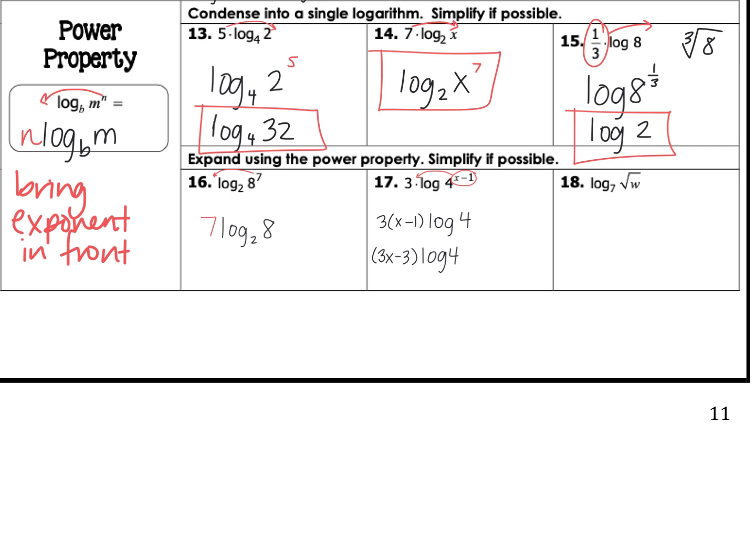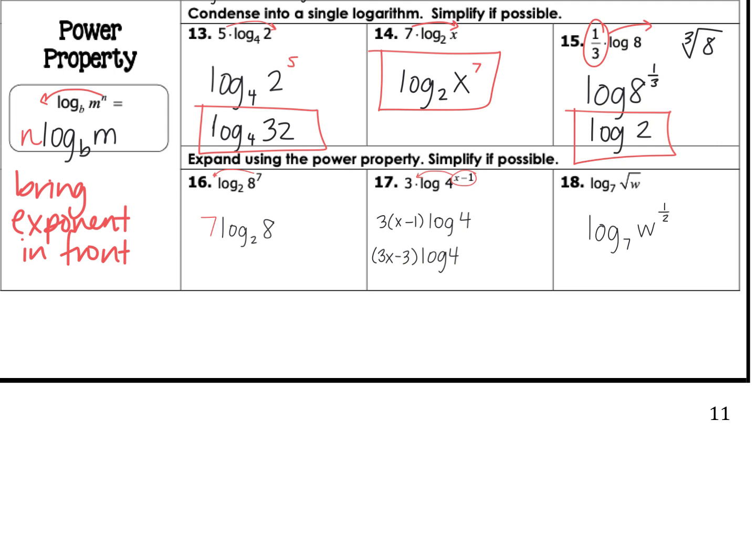All right, and then your last one, again, another good review of roots and exponents. This one doesn't have an exponent, at least not that you can see, but it does. When I have a square root, what exponent is that? Not 2, 1/2.